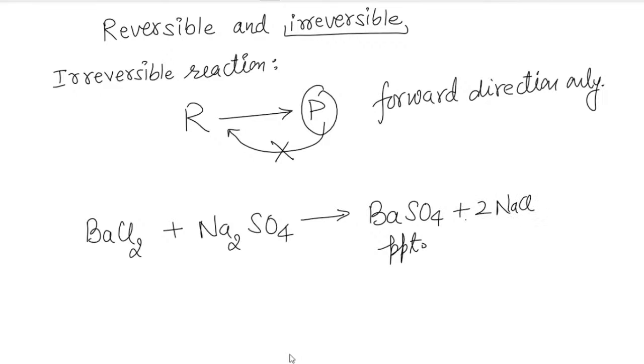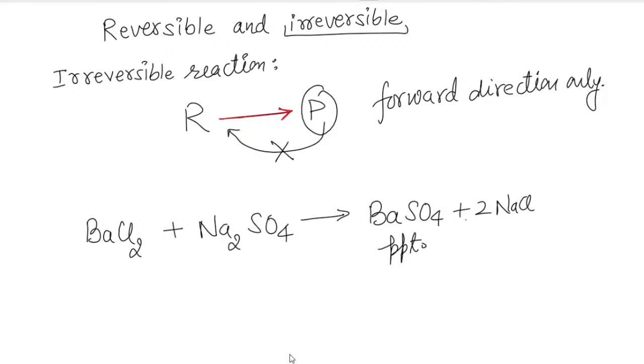So, reaction between barium sulfate and NaCl, that is backward reaction, is not possible under these experimental conditions. So, in such reactions, see this arrow, okay, is placed between the reactants and products, and this arrow indicates the direction of the chemical change is from reactant to product. Okay, single arrow is there only.